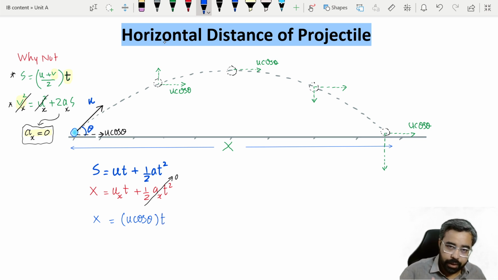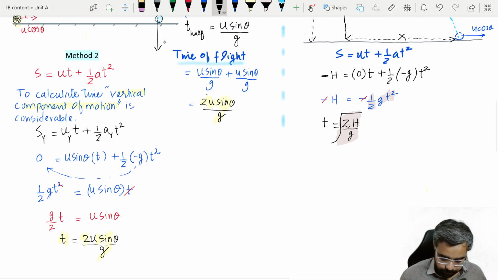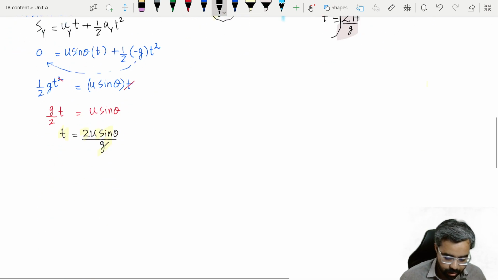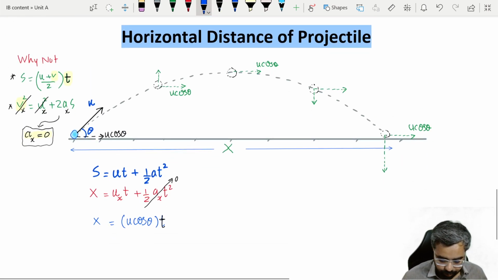From the last video, we have seen that the time to cover this whole trajectory is 2u sin theta over g, which I have also explained here. You can see I have explained it in two methods. So we can put the value here to find the horizontal distance.